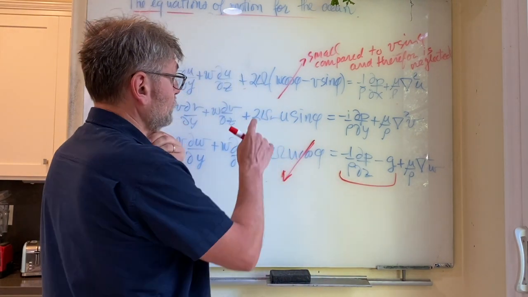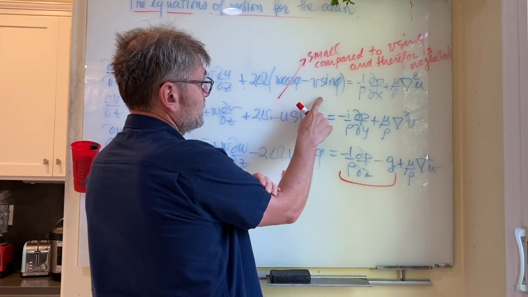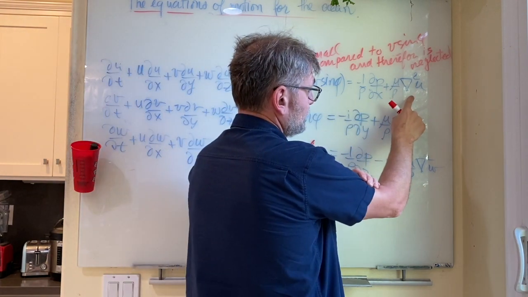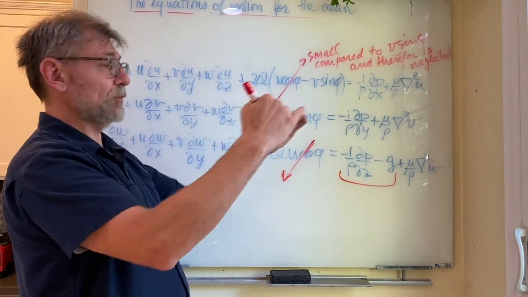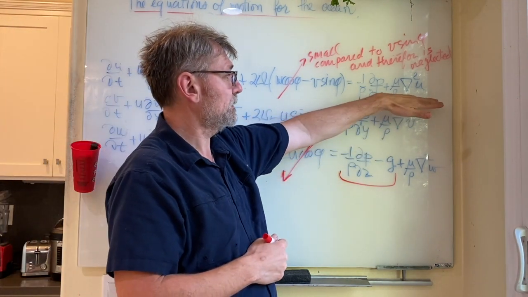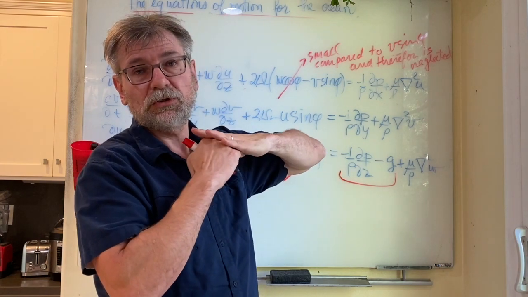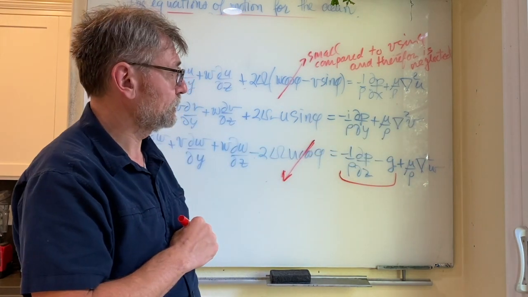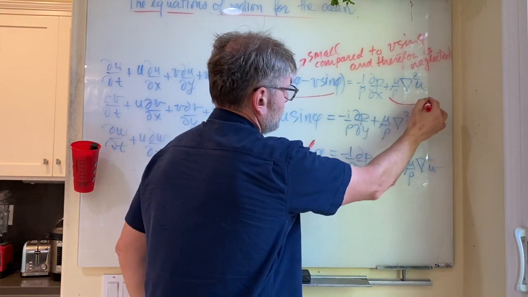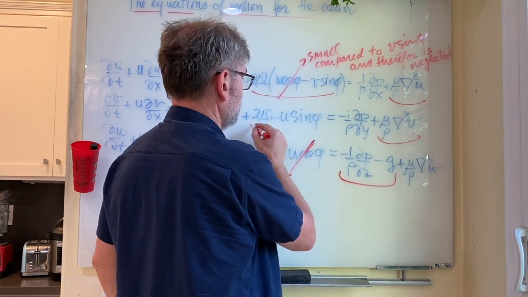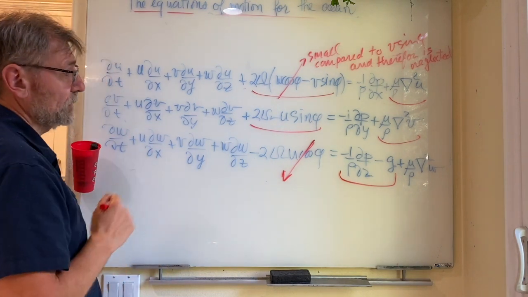The Ekman balance will include Coriolis and the viscous stress. These will be the main balance in the interior of the fluid, and when we reach right at the surface of the ocean, this stress will have to match the stress due to the wind. And so in this term and this term, as well as this term and this term, that is going to give us what's called the Ekman balance.